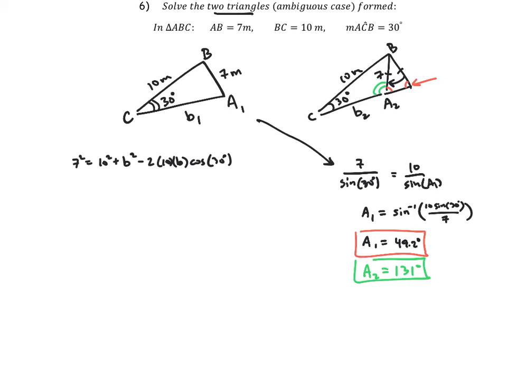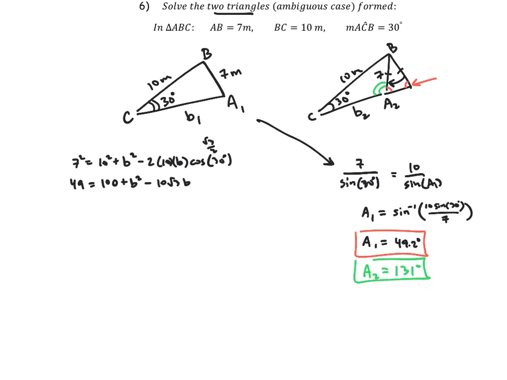Now it's going to yield a quadratic where I will solve for B, and there will be two values. That's 49 equals 100 plus B squared minus 20 times cosine of 30 times B. Cosine of 30 is root 3 over 2, so multiplying 20 times that gives negative 10 root 3 times B.